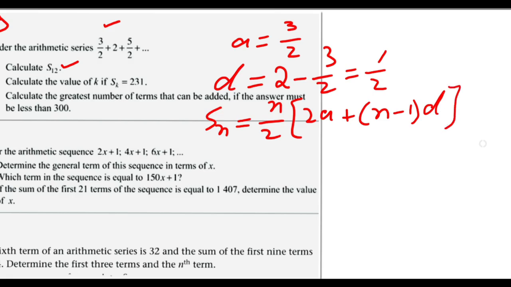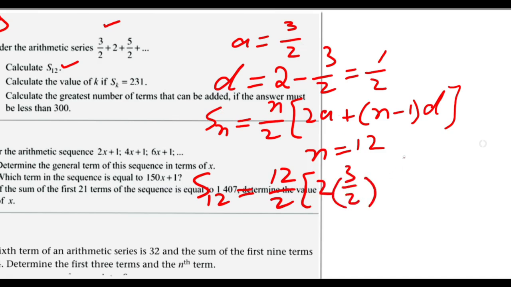So we're going to use this formula, and n is equal to 12. So we're going to find S12: 12 over 2, big bracket 2 times the first term, 3 over 2. I'm going to substitute all of these values, plus 12 minus 1 times d, which we got as 1 over 2, big bracket close. Remember here there is no last term. They didn't give you the last term, but they say S12, which means n is equal to 12.